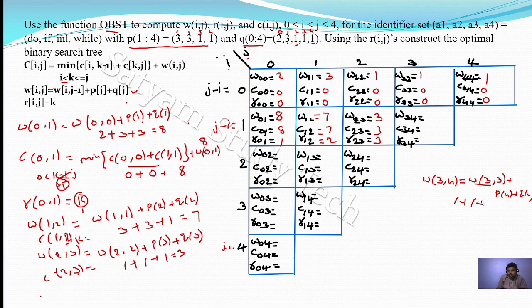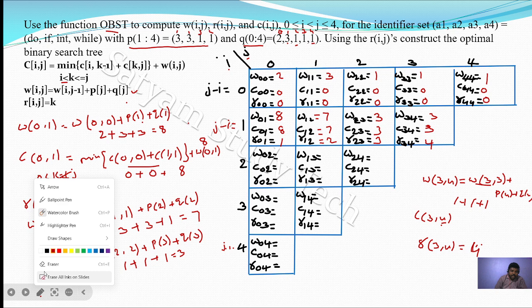So w of 3 4 is also 3. So we can calculate C of 3 4, and the k value is 4. Here R of 3 comma 4 value is also k, that is 4. Like that we have to calculate.